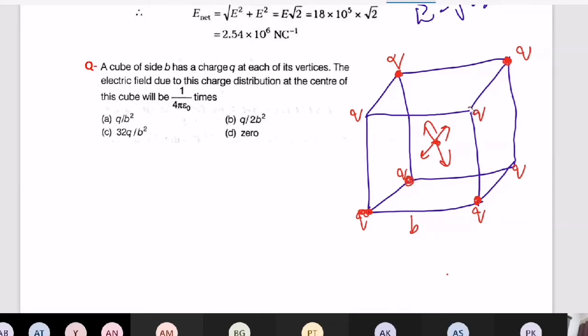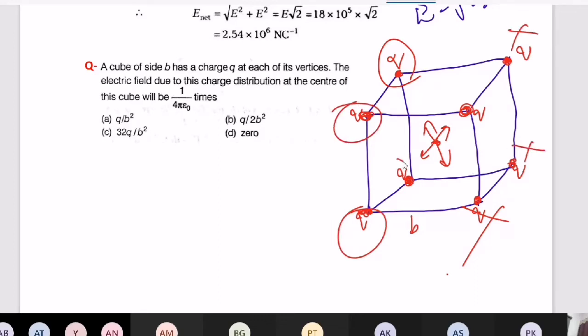This and this are also diagonally opposite, so their fields cancel each other. Similarly, this and this are also diametrically opposite corners, so their fields are also equal and opposite. One field is cancelled by another. So the net field at the center becomes 0.